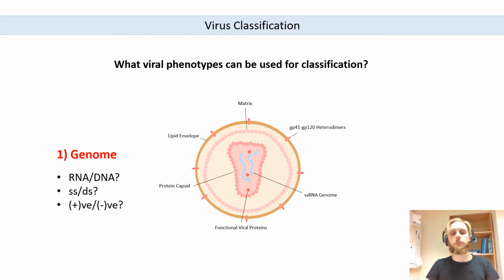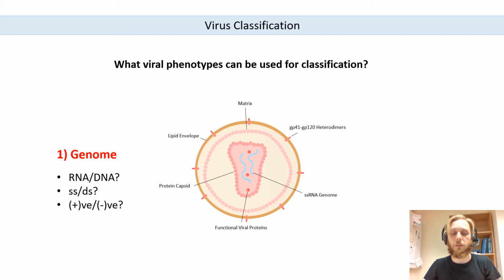But for now, the best way to think about it is if you have our genome, so our double-stranded DNA genome, you have two complementary strands, but they're not exactly the same. One is positive, one is negative. They're complementary, but they're not exactly the same. The viral genome can be in a positive strand or a negative strand.